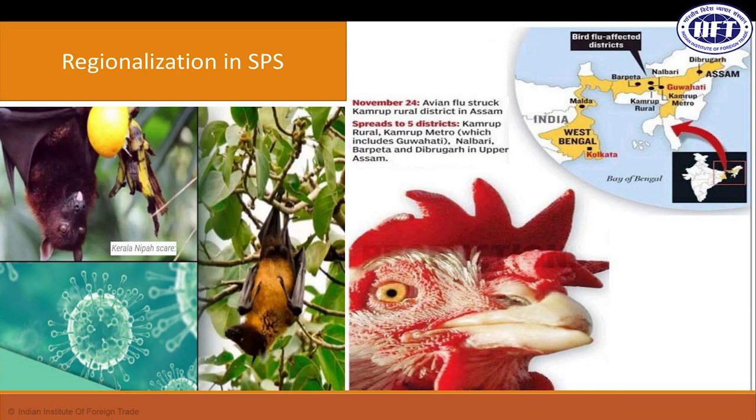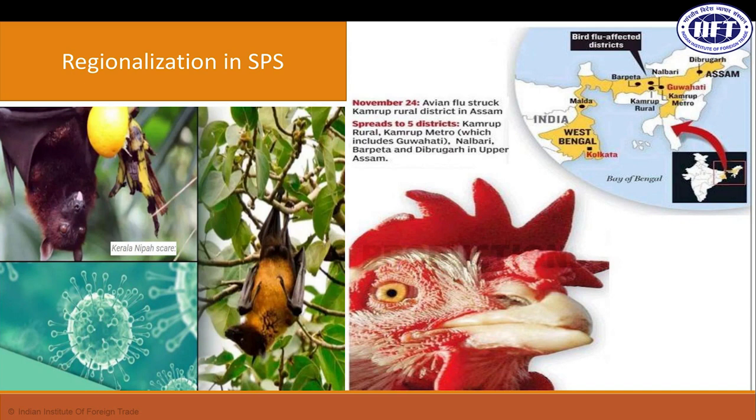Now there is another very interesting concept called regionalization in SPS. Whenever there is a quality concern, you must have heard about the Nipah virus in Kerala bananas. You must have heard about the bird flu strike that has happened in India. This was a case that happened in the Northeast. So the concern is, whenever there is a disease outbreak in a country, it means that the entire country is not affected.